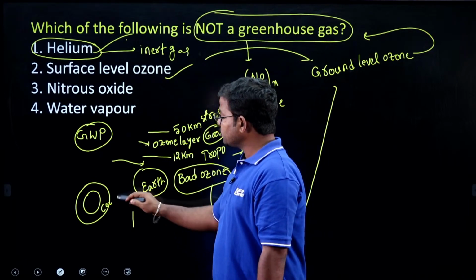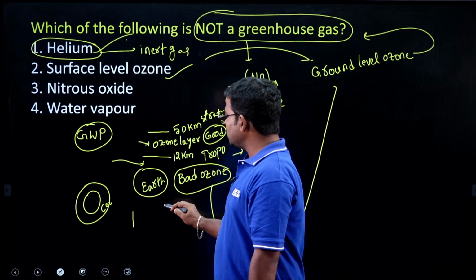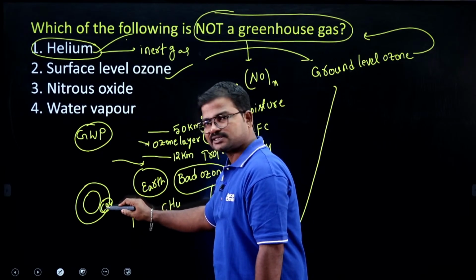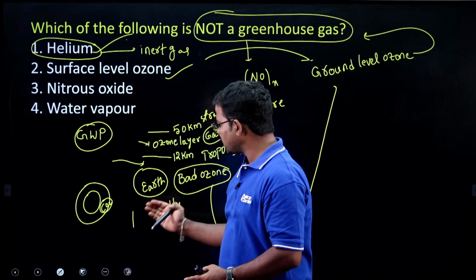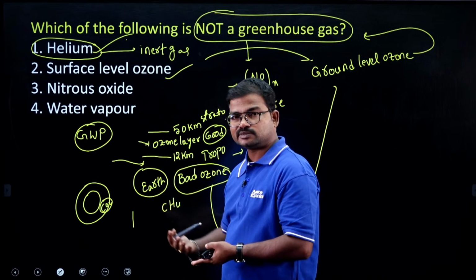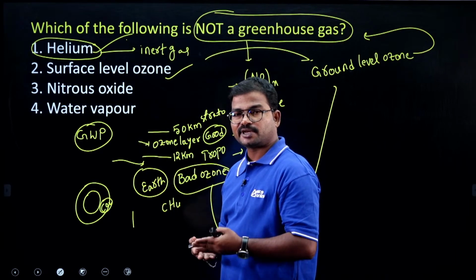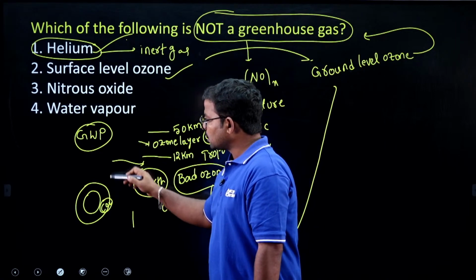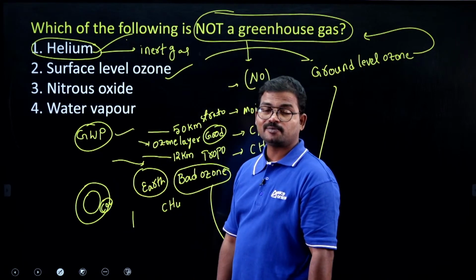Compared with carbon dioxide, how many times can methane raise it? Instead of carbon dioxide, if it has only methane, then how many times can methane raise the planet temperature when compared with carbon dioxide? This comparison is nothing but global warming potential.